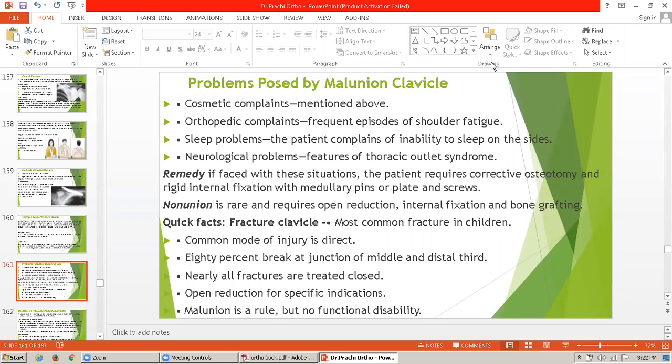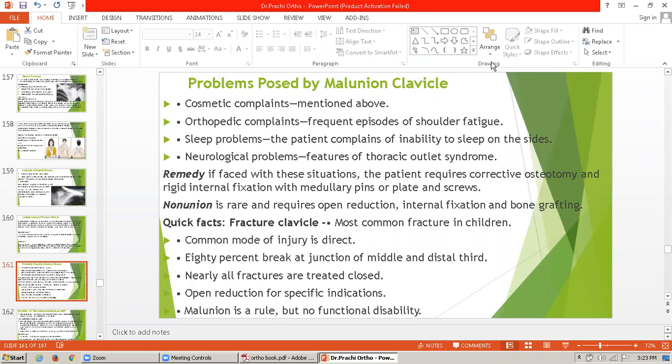Non-union is rare and requires open reduction, internal fixation, and bone grafting. Quick facts of fracture of the clavicle: it is the most common fracture in children.